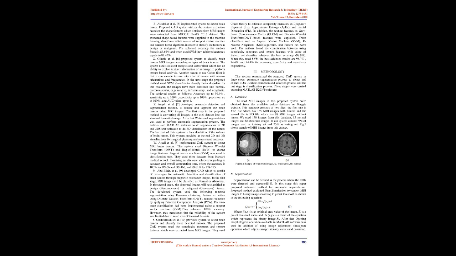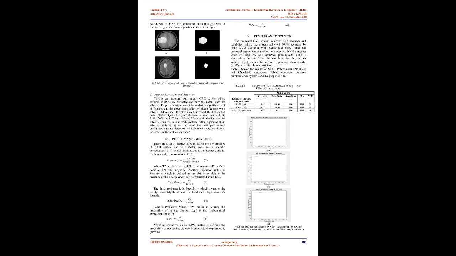Mabdla et al. [9] developed a CAD, which consists of 2 stages for automatic detection and classification of brain tumors through magnetic resonance images. In the first stage, MRI images are classified as normal or abnormal. In the second stage, the abnormal images are classified as benign, non-cancerous, or malignant, cancerous, tumor.